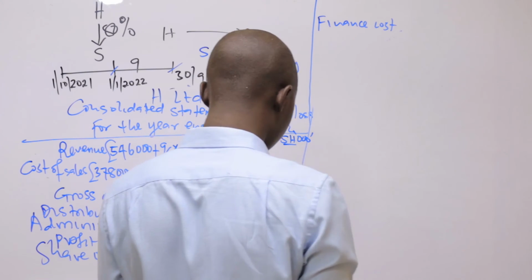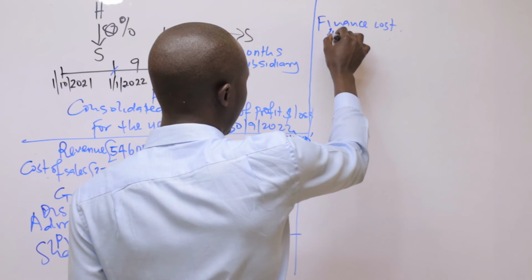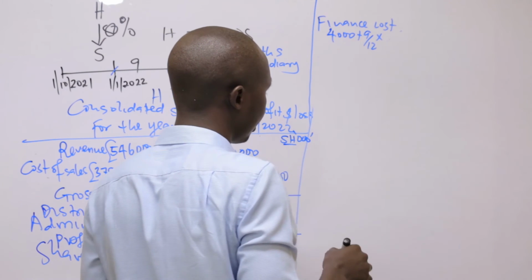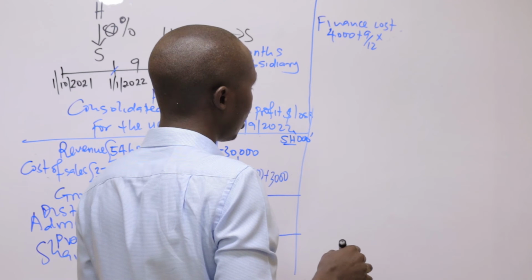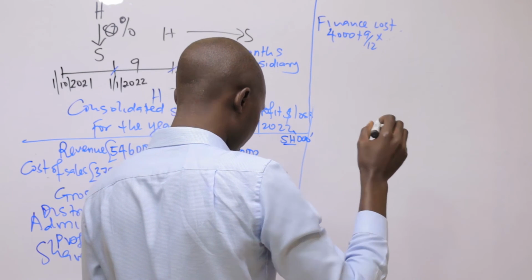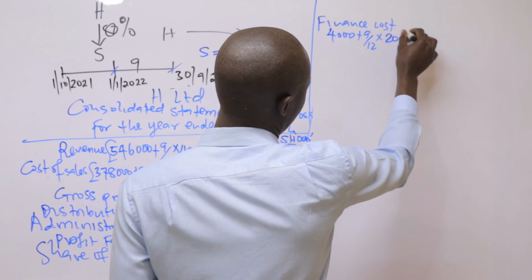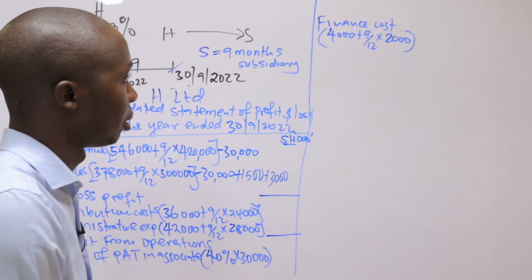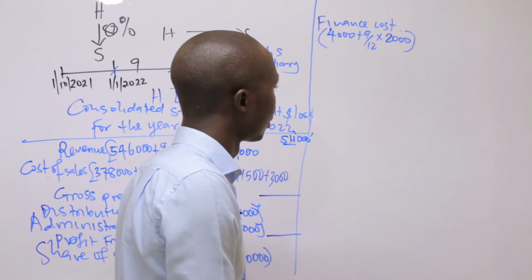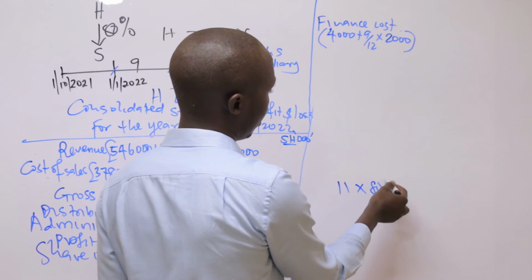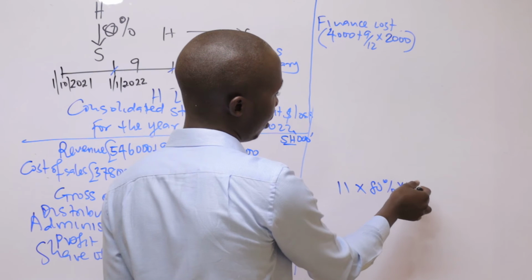So for the finance cost, parent plus subsidiary, that is 4,000 plus 9/12 times 2,000 under the subsidiary. But here we need to add something. Remember that there was that consideration which was paid in the future, the one which we discounted.